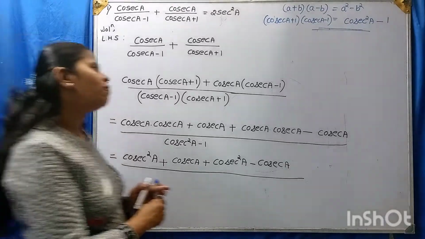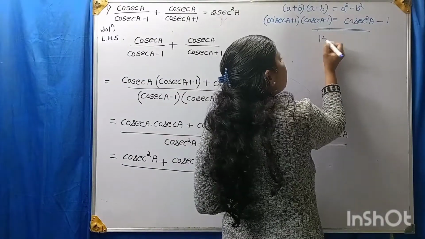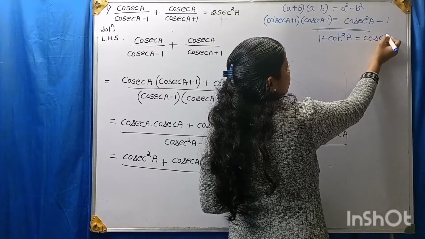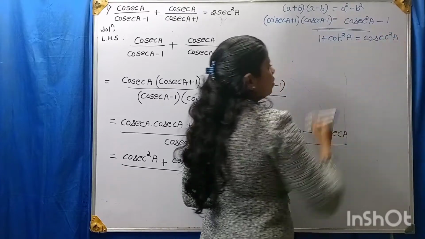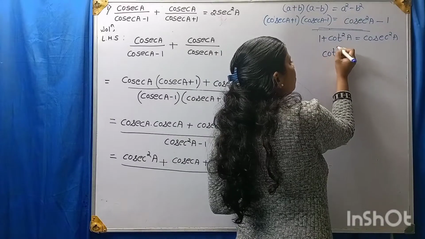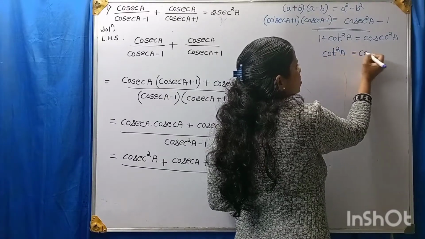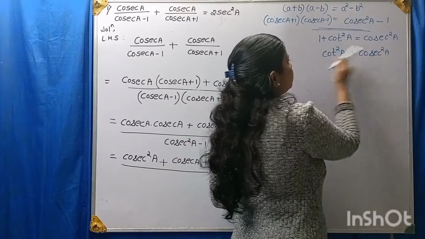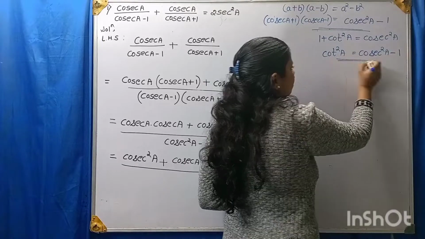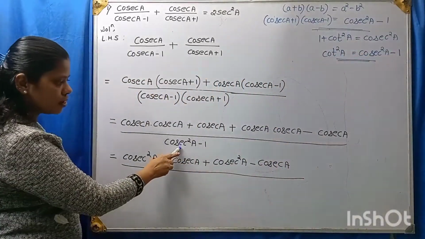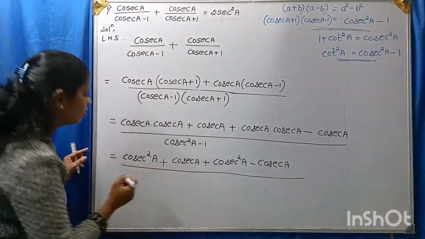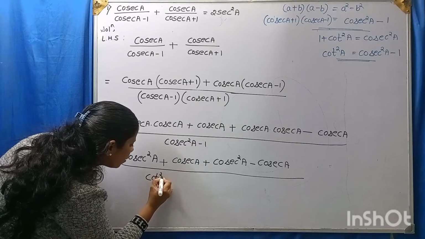We know that 1 plus cot square A is cosecant square A. This is the trigonometric identity. Therefore cot square A is cosecant square A, and when this plus 1 crosses the equal to sign, it becomes minus 1. Therefore, cosecant square A minus 1, I can write as cot square A.